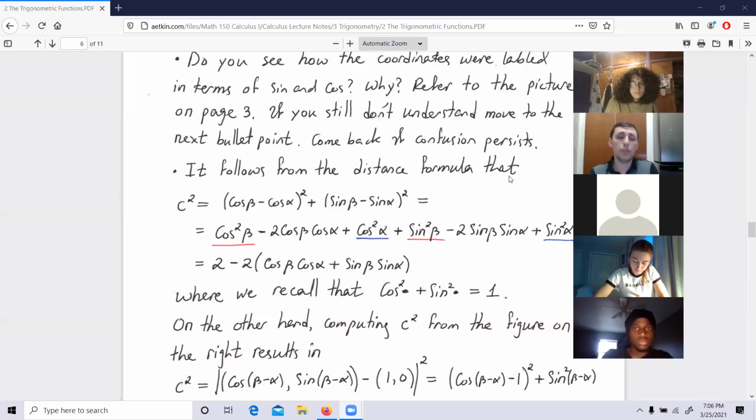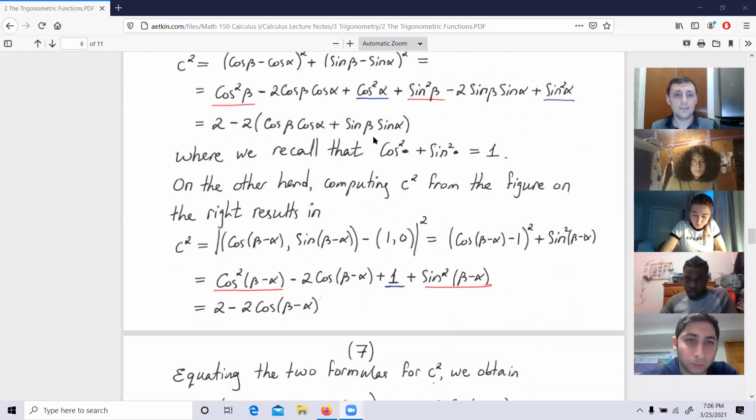You know how you would know that you understood this proof, guys? When I stop lecturing and the lecture is over, can you prove it without looking anywhere, on a piece of paper? Can you see the argument? If yes, then that means you understood. So what do we have here? We have c squared. It's cosine beta minus alpha, sine beta minus alpha minus 1, 0.